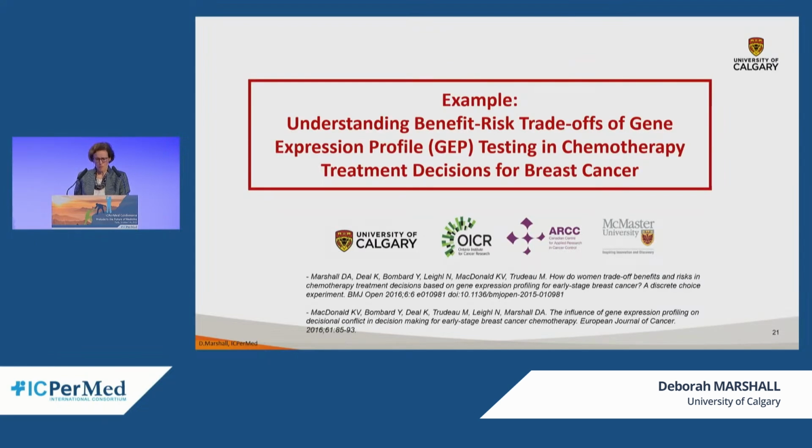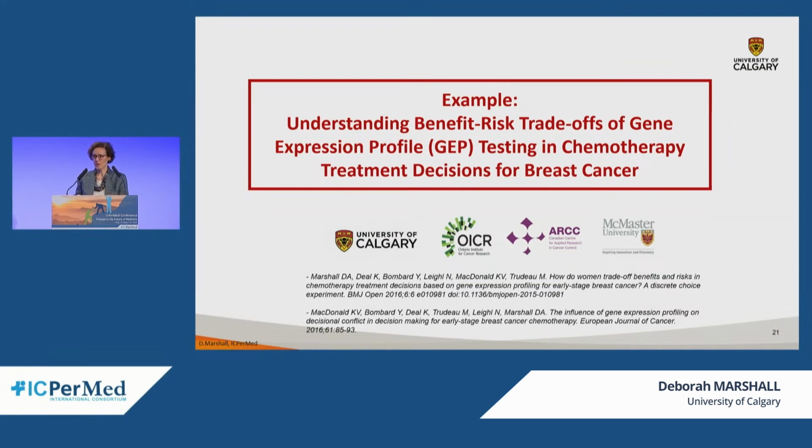Then a final example, I think this is my final example, is about benefit-risk trade-offs in chemotherapy treatment decisions. Thankfully, one of our colleagues, Dr. Pullman, explained everything about breast cancer, so I don't need to, which is a good thing because I'm not a clinician. But this was a study looking at gene expression profiling and the information it generated.